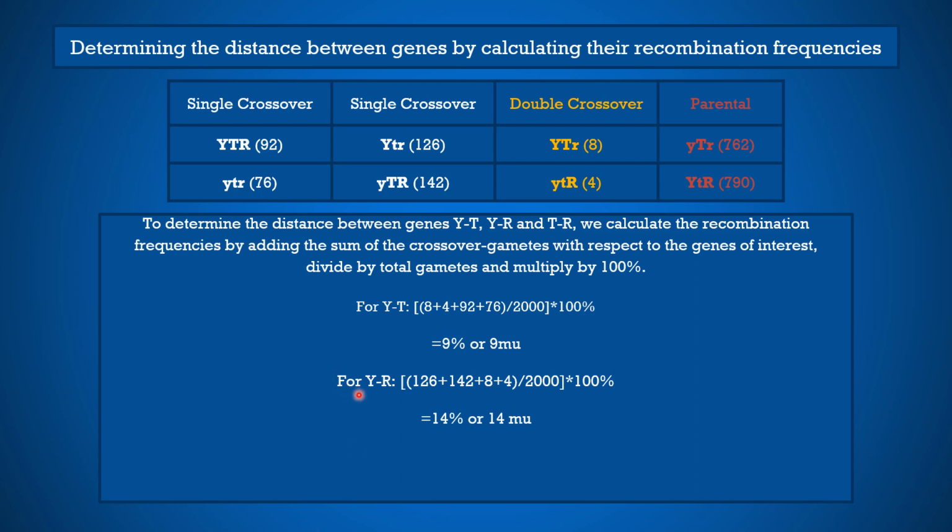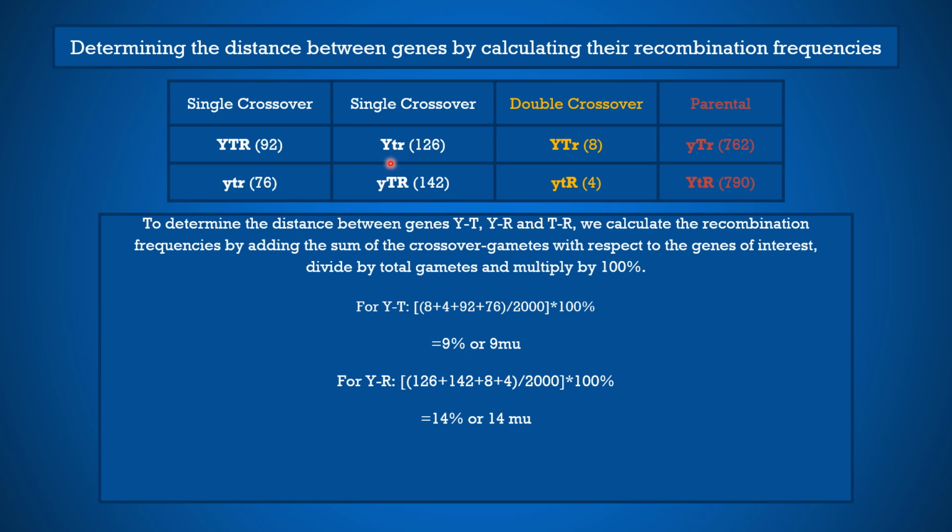If we look at Y to R, we're going to look here. We've got a small y, small r, and a big Y and a big R. So all of our crossovers are going to have either small y, big R, or big Y, small r. We see that here in the double crossovers, 8 and 4, and in these single crossovers here as well.